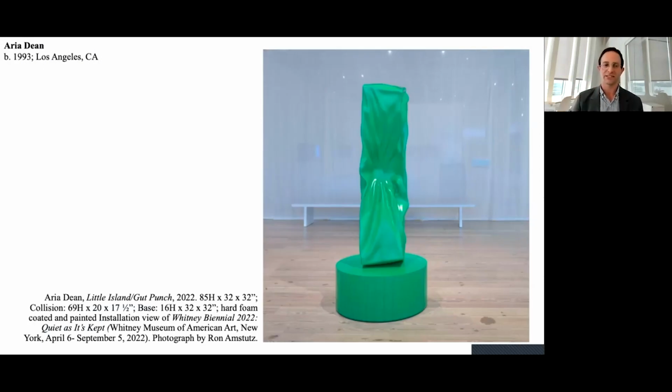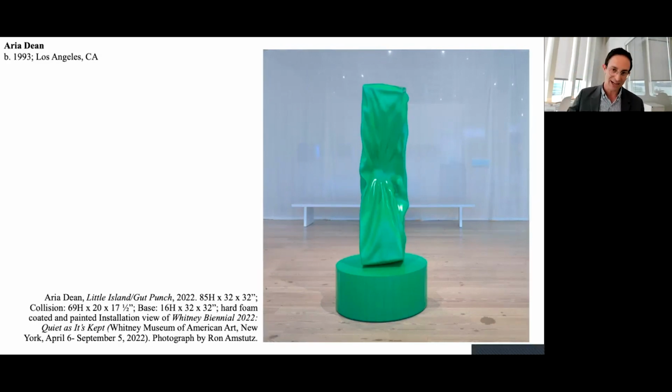The column is taken up as a direct reference in the work of Aria Dean called Little Island Gut Punch, which is in this year's biennial. Gut Punch is a sculpture first made on 3D rendering software, so in a 3D modeling software. So it's a column-like structure that Dean creates, and then she uses a program to simulate punching that column in the gut.